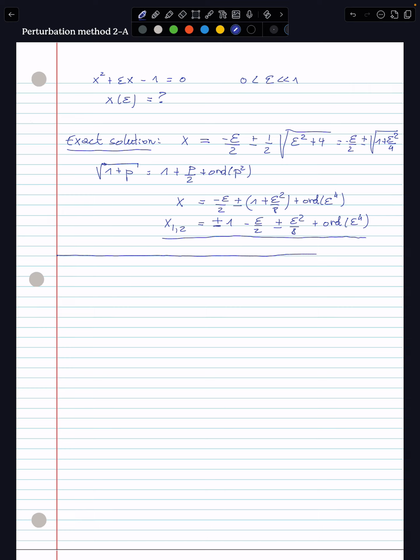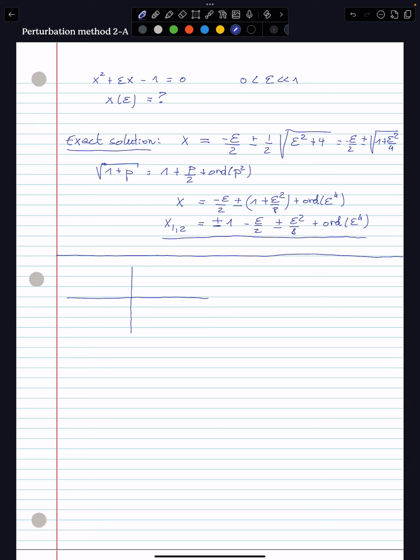So maybe just to start with this problem, for which we have an exact solution, we could also try to have a look at the problem by means of a graphical representation, right?